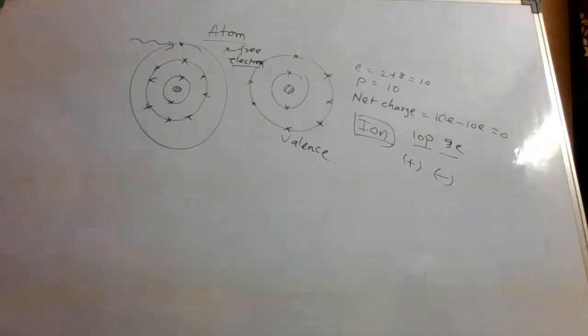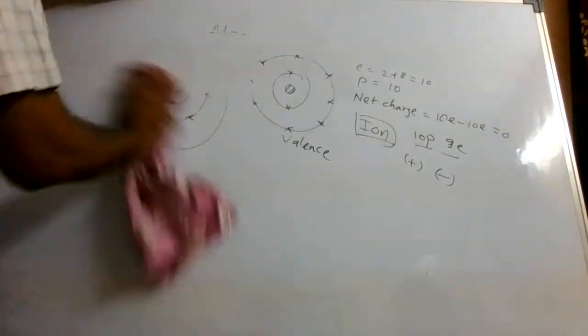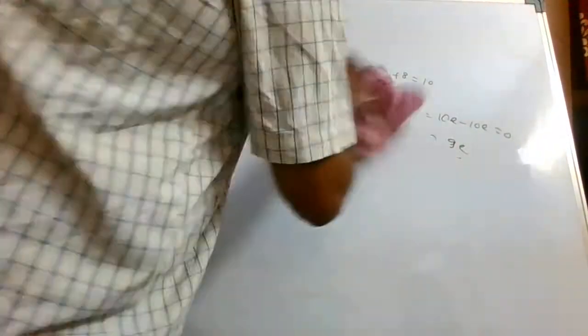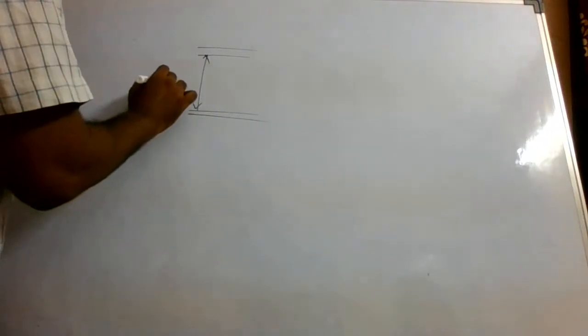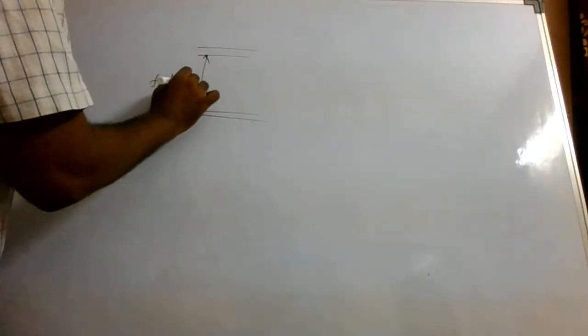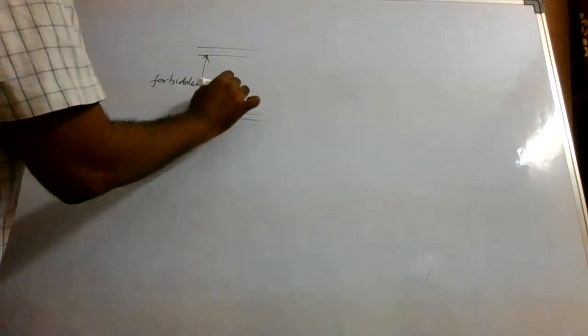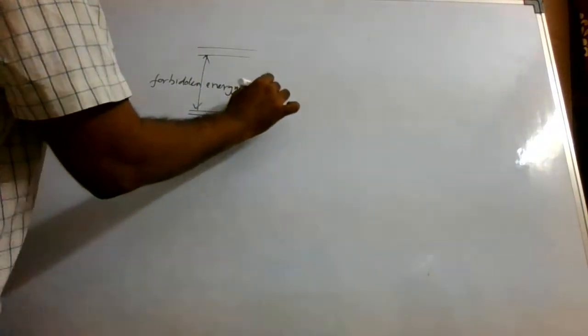In the previous class, I was telling you why some behave like conductors, why some behave like insulators, why some behave like semiconductors. We came across a concept called forbidden energy gap.